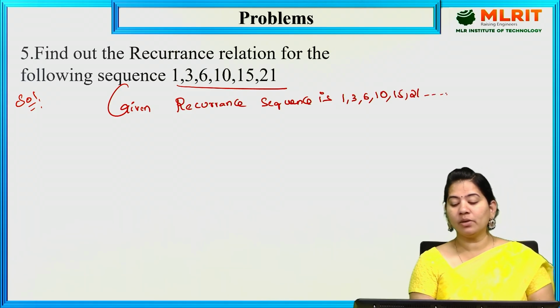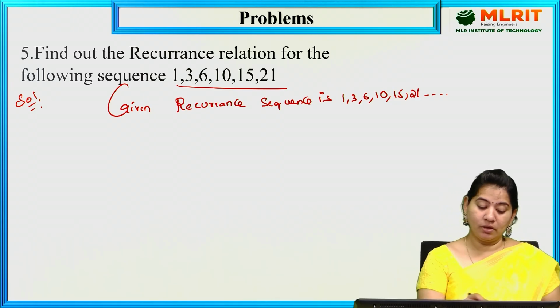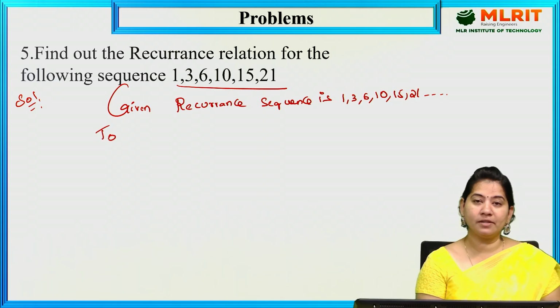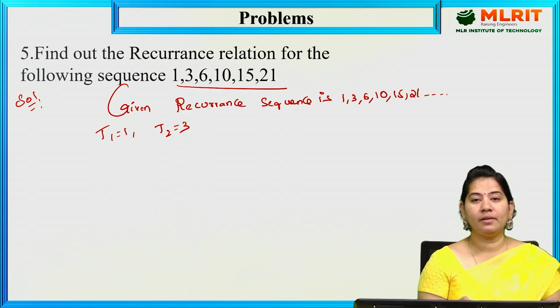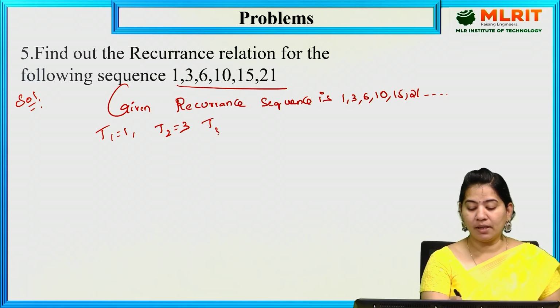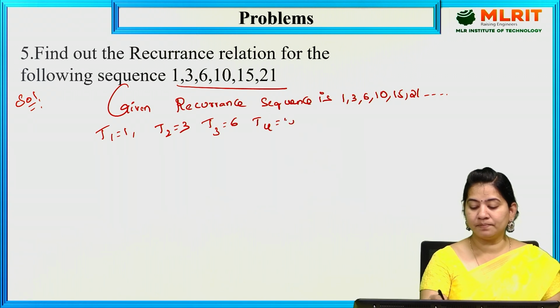Now if you observe here, T1 is equal to 1, T2 is equal to 3, T3 is equal to 6, T4 is equal to 10, T5 is equal to 15, T6 is equal to 21.